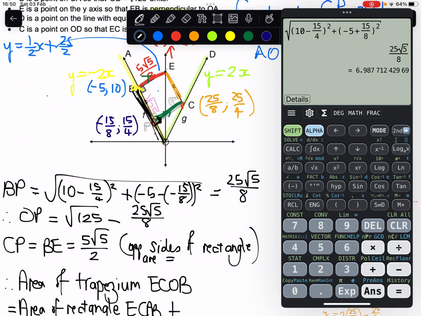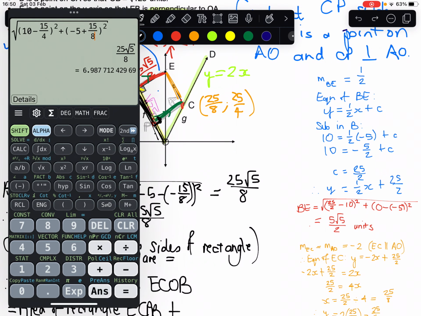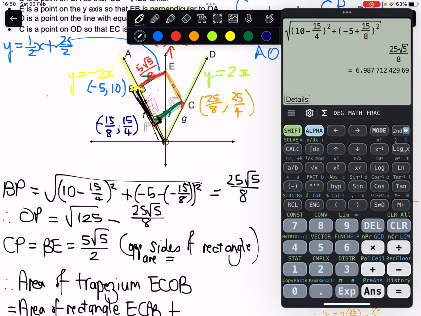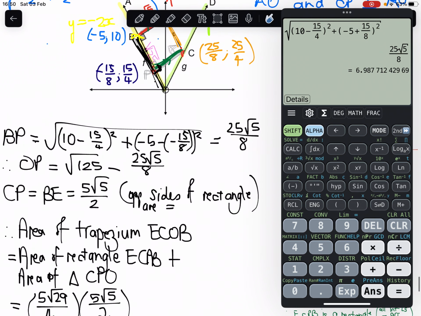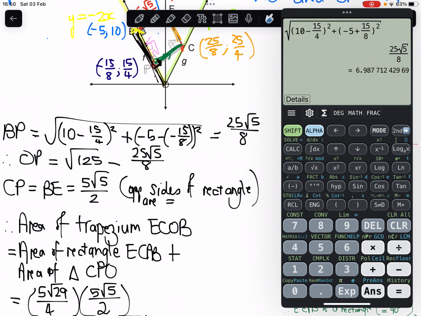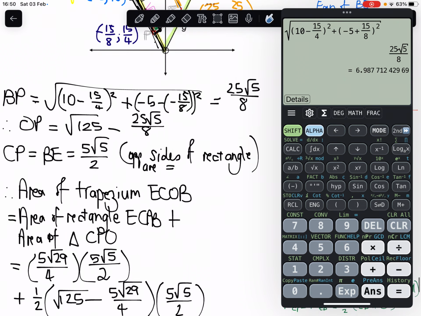Okay, and then we said CP is equal to BE, which is equal to 5 root 5 over 2, because opposite sides of a rectangle, not of a triangle, are equal. Okay, happy with that still. So the area of trapezium ECOB is going to be the sum of the area of the rectangle and the area of the triangle. And like we said, would be good to mention why CPO is a right angle.